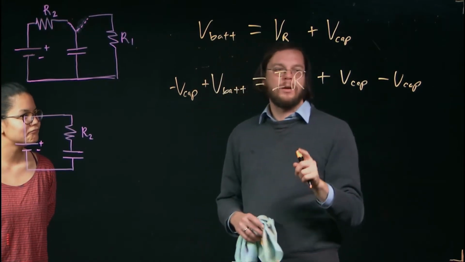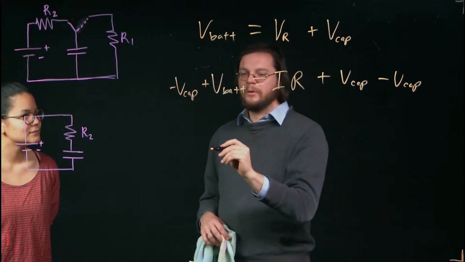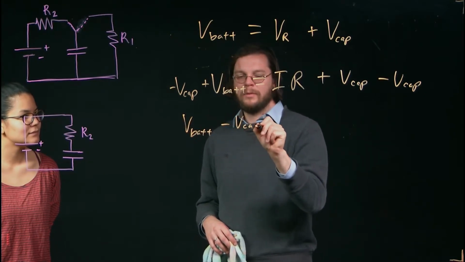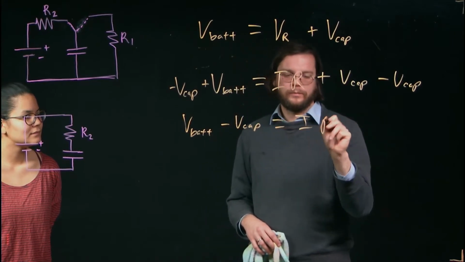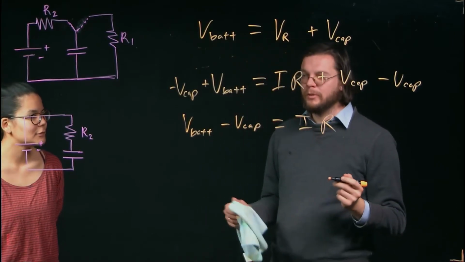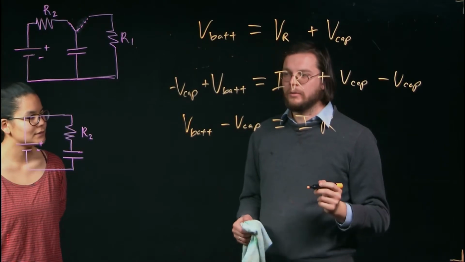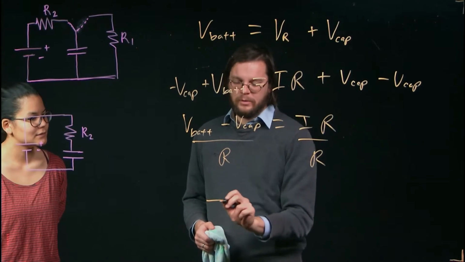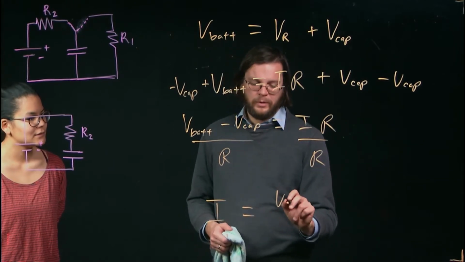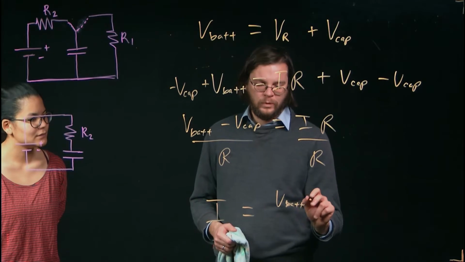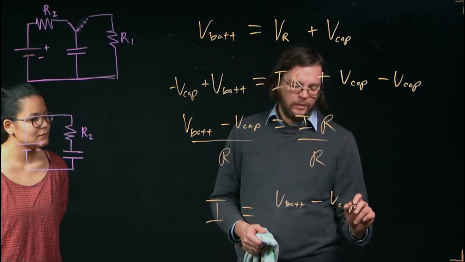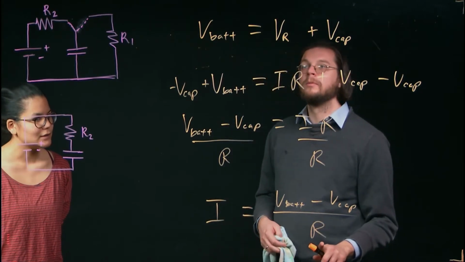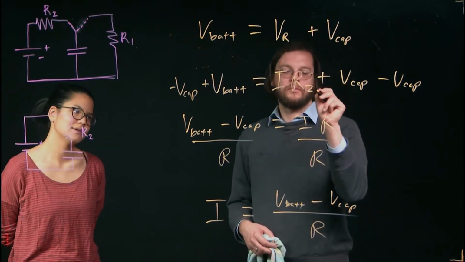That leaves me with V battery minus V cap equals IR. Then I can divide both sides by R to get the current. So the current is V battery minus V cap, over R. And by the way, is this R1 or R2? That's our R2.